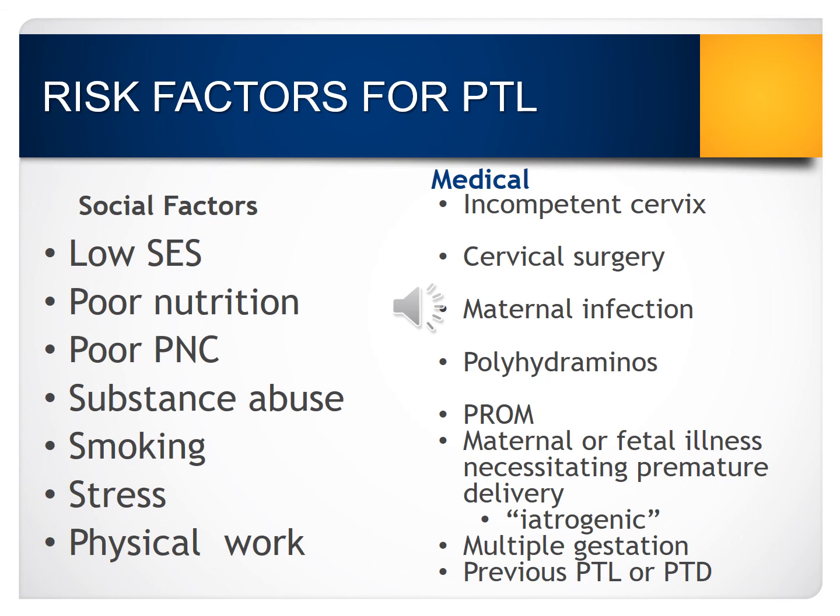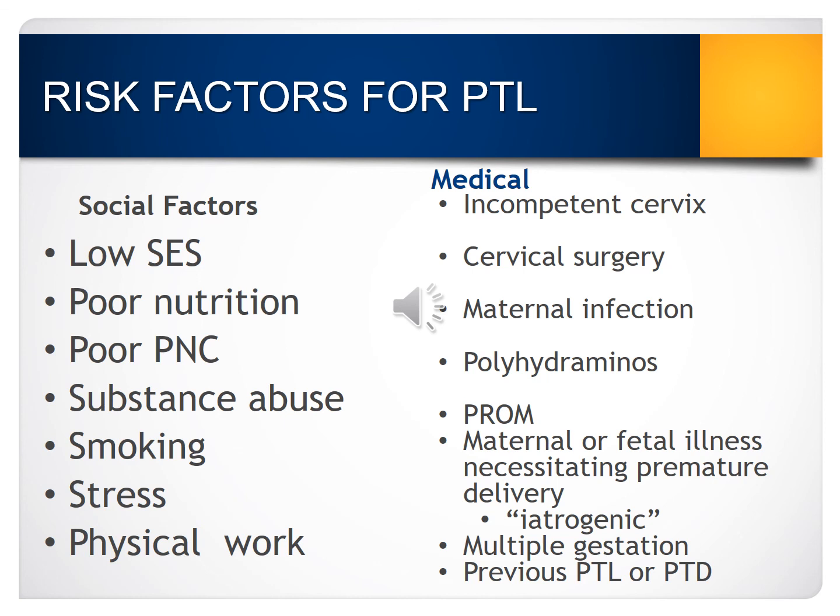If a woman has multiple gestations, so women who have twins or triplets are at increased risk of not carrying the pregnancy to term. And if a woman has had a history of preterm labor or preterm delivery, she's at increased risk in subsequent pregnancies for the same thing happening.